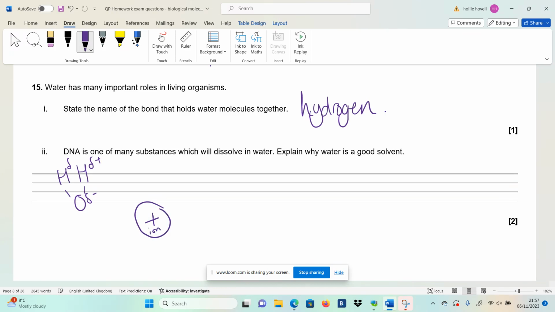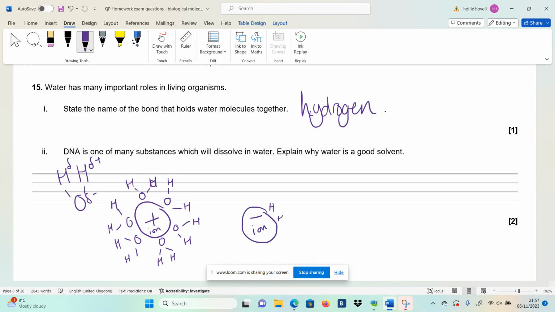So if you've got a positive ion, what will happen is the water molecules will surround it like this, with the oxygen attracted to the positive ion, because oxygen is slightly negative. It's the oxygen that will go on to the positive ion. Likewise, we've said that if you had a negative ion, it could still dissolve in water, because then the hydrogens would stick to it and the water molecules would surround it in that way.